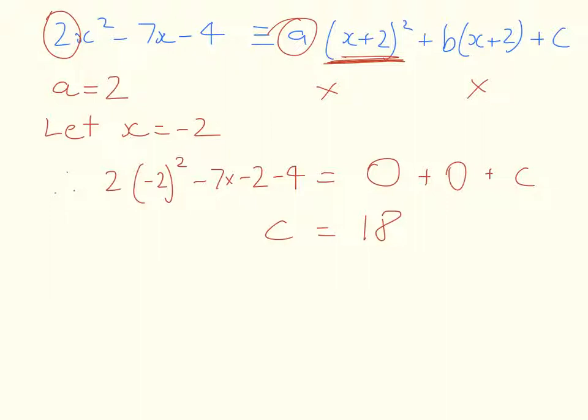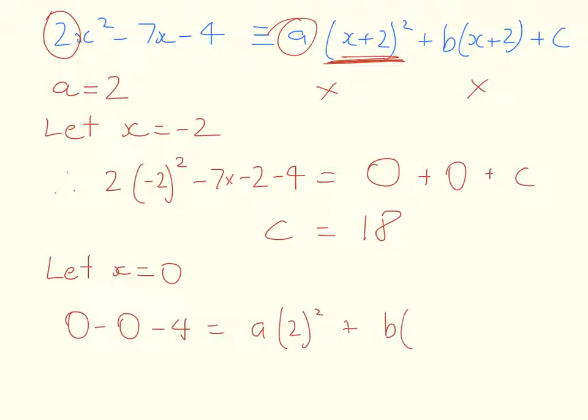Well, let's do the same thing again. An easy one we can pick, let's put in x equals 0, because that'll make the left nice and manageable, and we'll have some easy terms on the right as well. So I'd end up with 0 minus 4 equals a times 2 squared plus b times 2 plus my value for c is 18. So I end up with 4a plus 2b plus 18 equals negative 4.